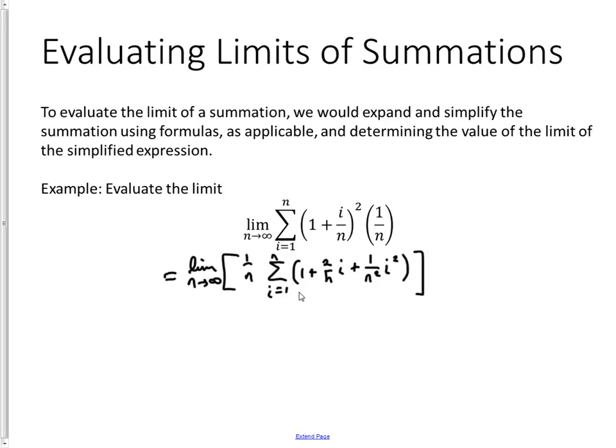And each of these are the kind of terms that we looked at before whenever we were rewriting our summations by using our formulas. So in fact, we're going to be taking this limit as n goes to infinity of the following quantity right here. We're going to have 1 over n times the summation of the constant 1 from i equals 1 to n.